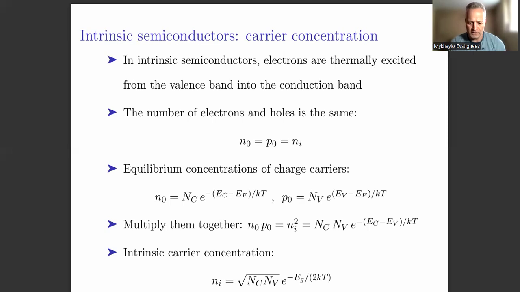Comment number one, this formula is very sensitive to both the size of the band gap and the thermal energy kT. And the reason is that exponential is such a strong function. It is stronger than any polynomial function. If you compare two functions, e to the power x and x to the power, let's say, 1,000,000 or 1,000,000,000, whatever, then eventually exponential will win.